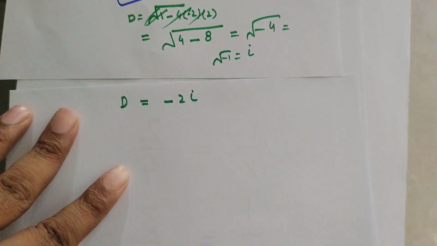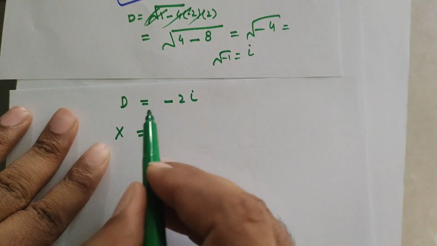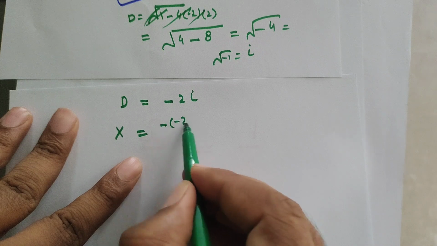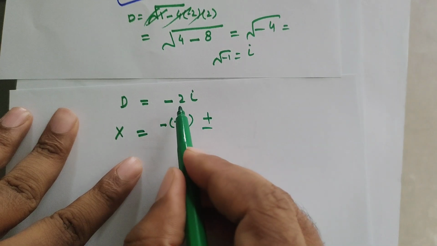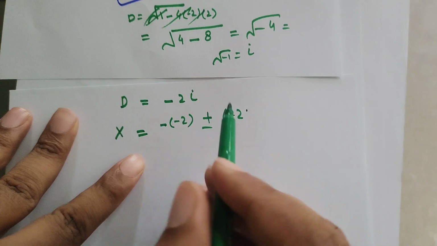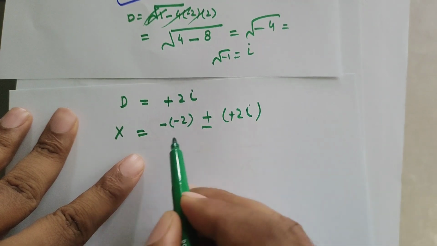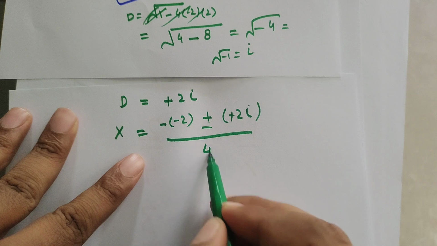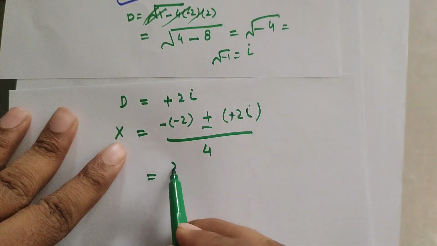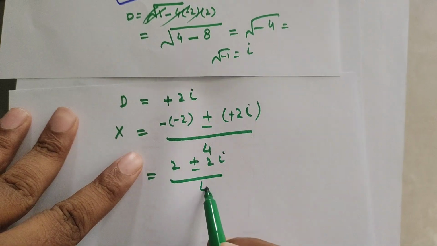Now what will be the value of x? x will be simply minus of minus 2, plus minus 2 iota, over 2a, that is 4. So we get 2 plus minus 2 iota over 4.